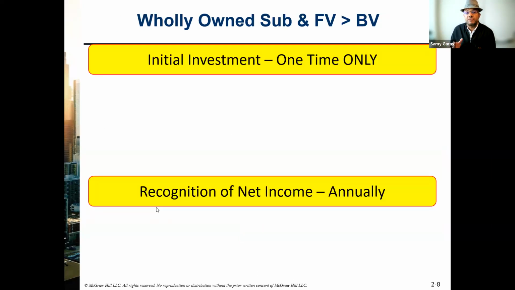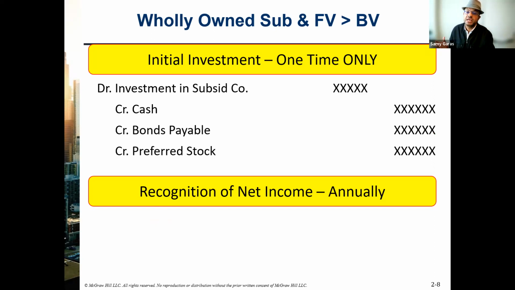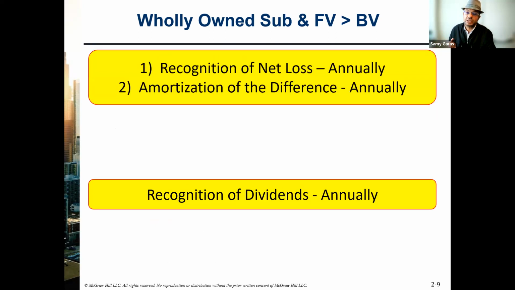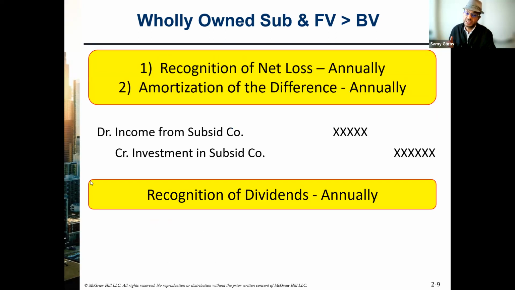So for the initial investment, we don't see any difference between the journal in chapter 2 and 4. We debit investment, credit cash or bonds or preferred, and I put all the situations in one journal because you already know the details from the previous slides. But for the net income, we debit investment, credit income. For the net loss, we reverse the journal entry for the income.